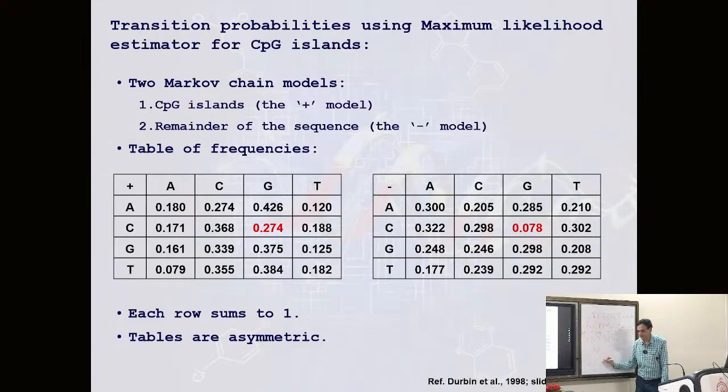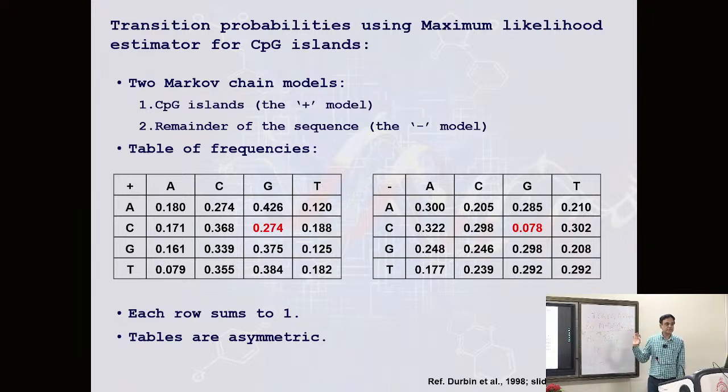So, if the odds score, the log likelihood score, is greater than 0, then this sequence is predicted to be a CpG sequence.